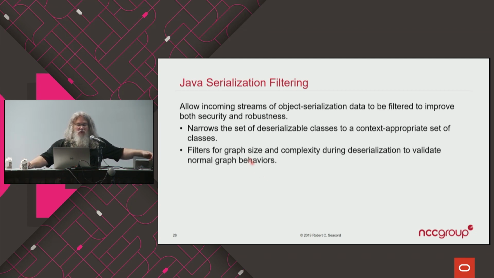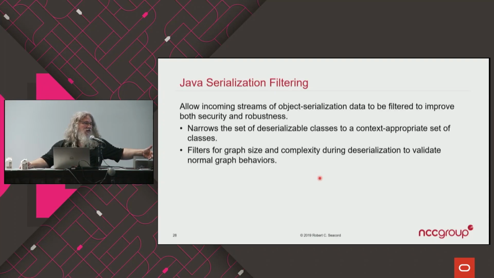These solutions typically also let you filter for graph size and complexity to validate normal graph behaviors. One of the things about Wouter Coekaerts' denial of service attack is that it used one object and was about 53 bytes in size.